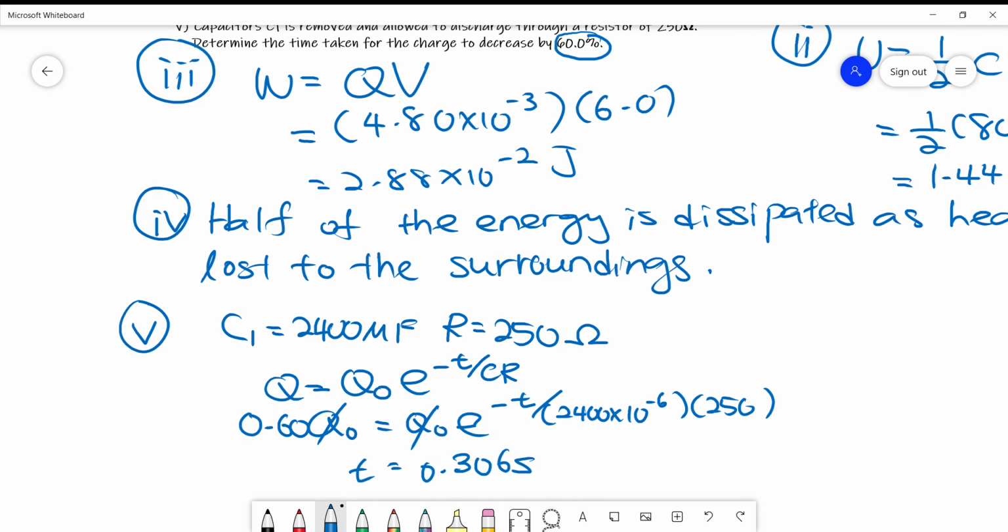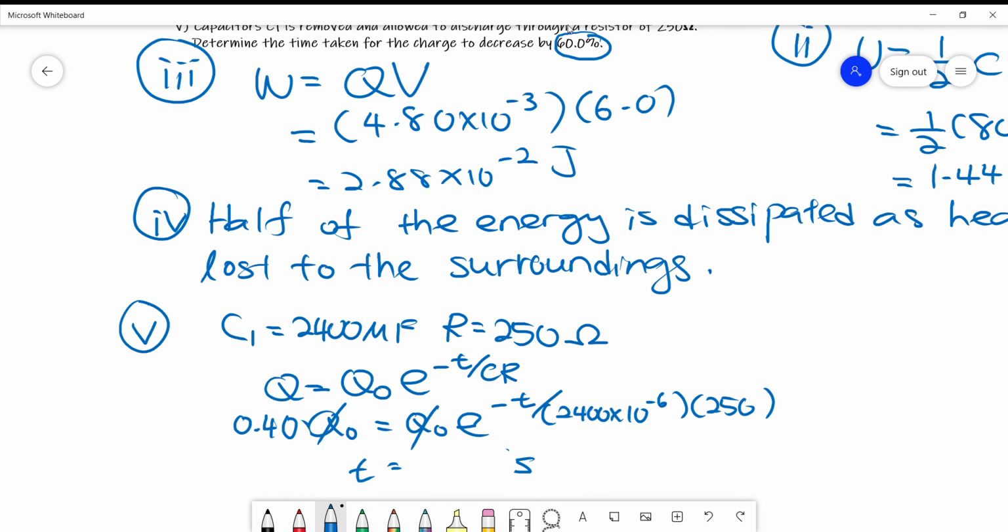So is it correct? Okay, actually there is a mistake here. Decrease by 60% means that the charge left inside the capacitor is 0.4. So this is a careless mistake. The charge left inside the capacitor is 0.4, because the charge has already decreased by 60%. So let me just calculate again.